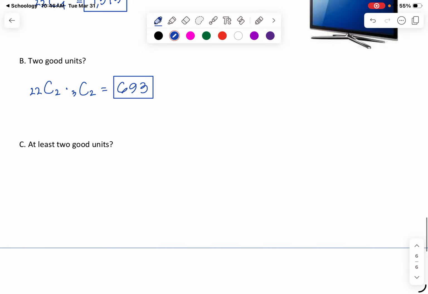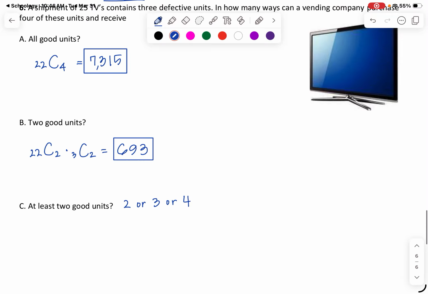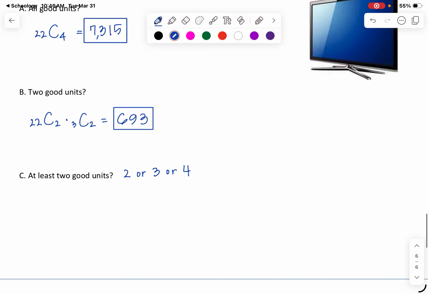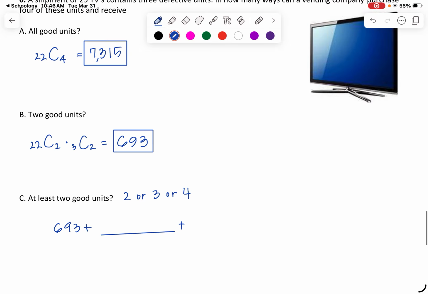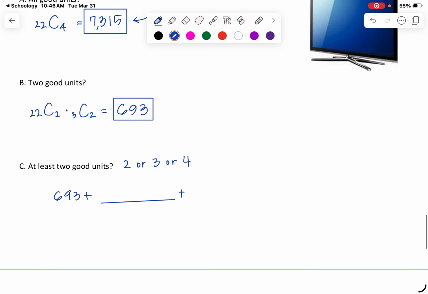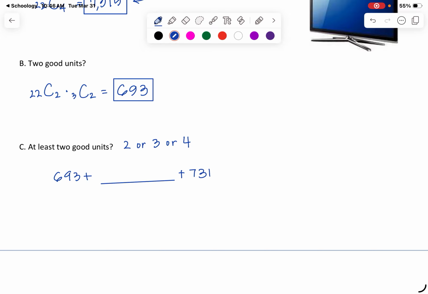At least 2 good TVs. So this is 2 good TVs, or 3 good TVs, or 4 good TVs. We already did 2 good TVs, that's 693, plus 4 good TVs is right here, 7,315.